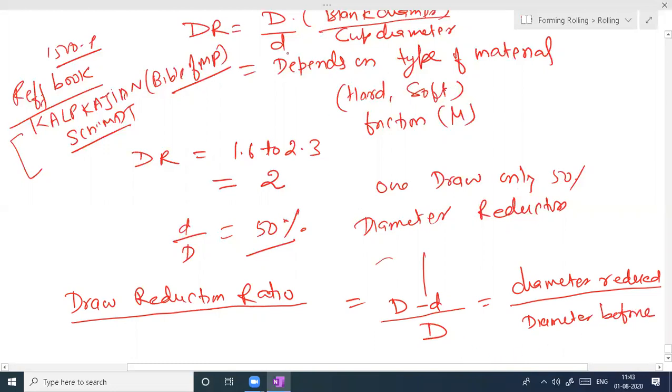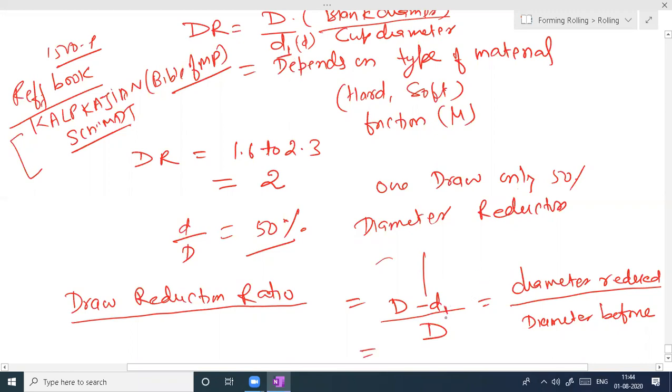Or we can write it as d1, because it is the diameter after the first draw. Or we can write d also. So don't confuse: if I write d1, it means after the first draw.